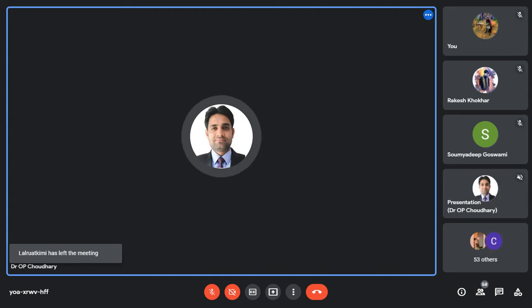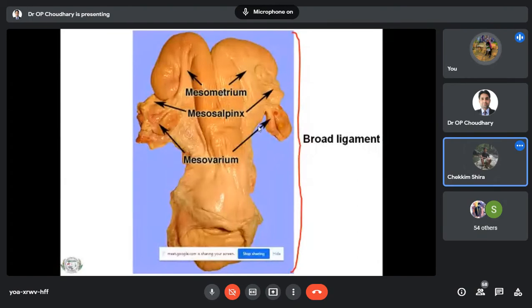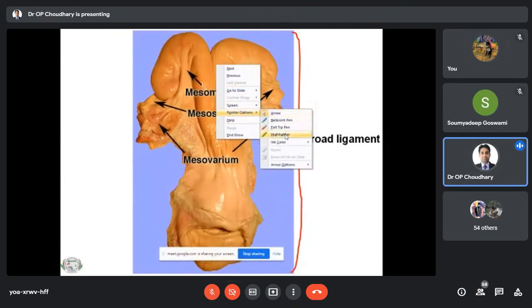Now visible? Yes, sir. Okay. So the broad ligament you can divide into three different parts.